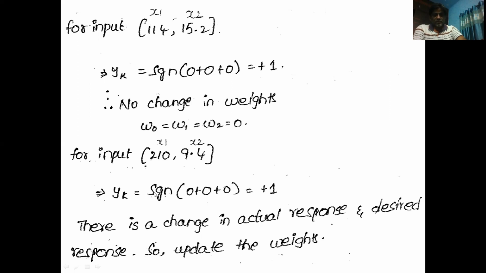For this also, we calculate 0 plus 0 plus 0, which gives +1. Actually, the desired response is -1, but the actual response from the neural network is +1. Therefore, there is a difference between actual and desired response, so we need to update the weights.